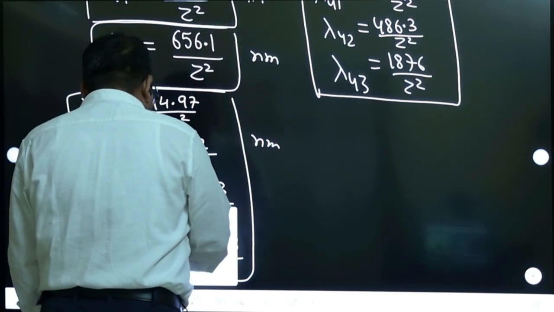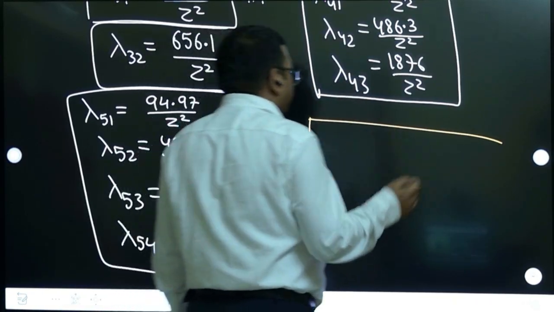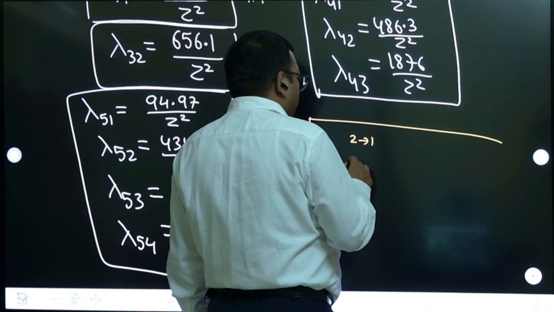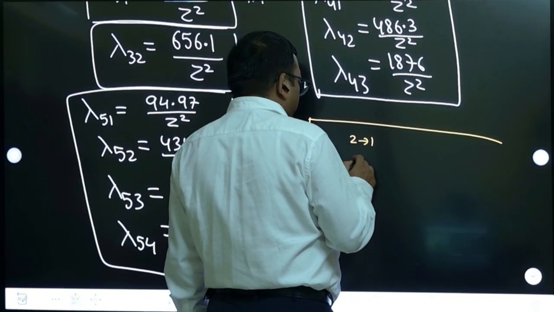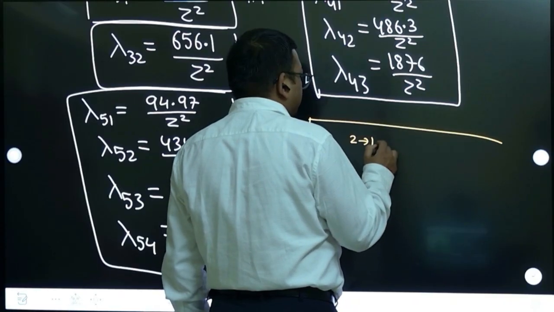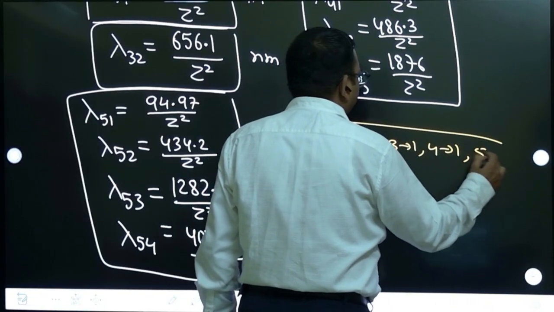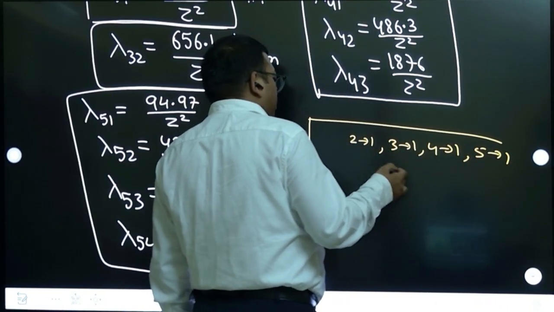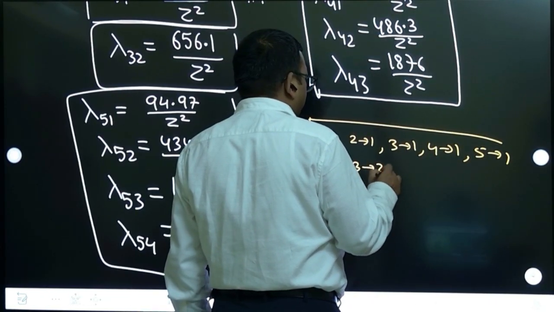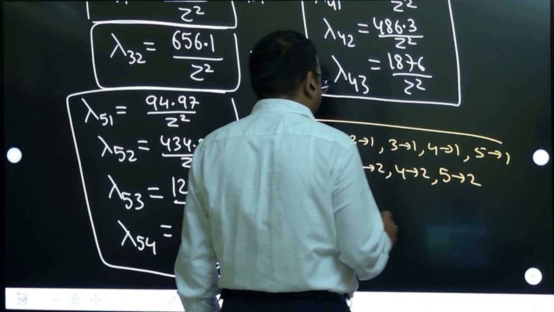Let me summarize what you need. You can calculate, no doubt, but better remember it. The 2 to 1, 3 to 1, 4 to 1, 5 to 1 transitions are the Lyman series. Then going to 2: 3 to 2, 4 to 2, 5 to 2.